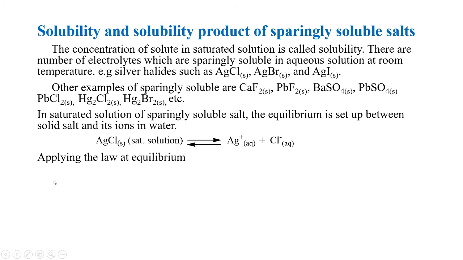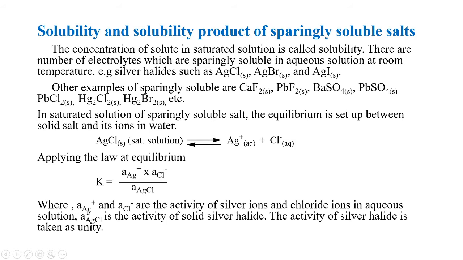By applying the law at equilibrium, we can write the equilibrium constant for this reaction as K is equal to a(Ag+) into a(Cl-) upon a(AgCl), where a(Ag+) and a(Cl-) are the activities of silver ions and chloride ions in the aqueous solution, whereas a(AgCl) is the activity of solid silver halide.